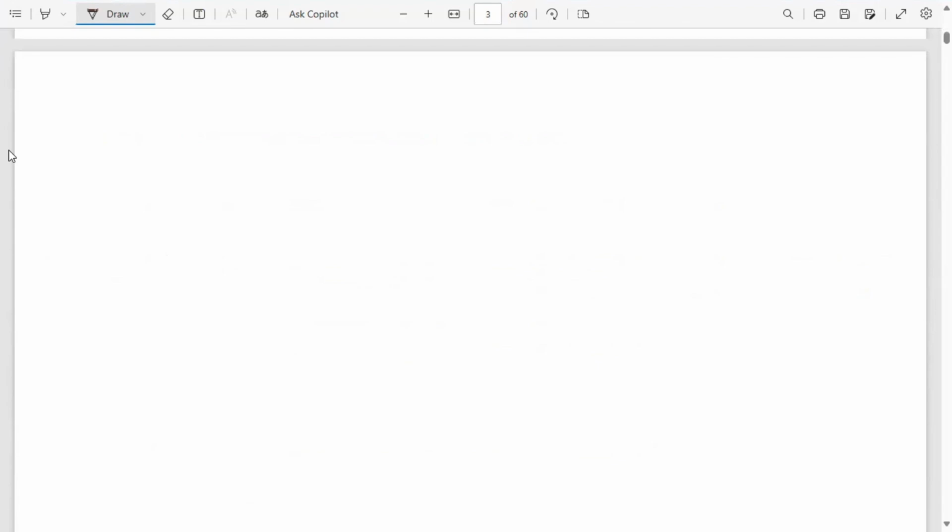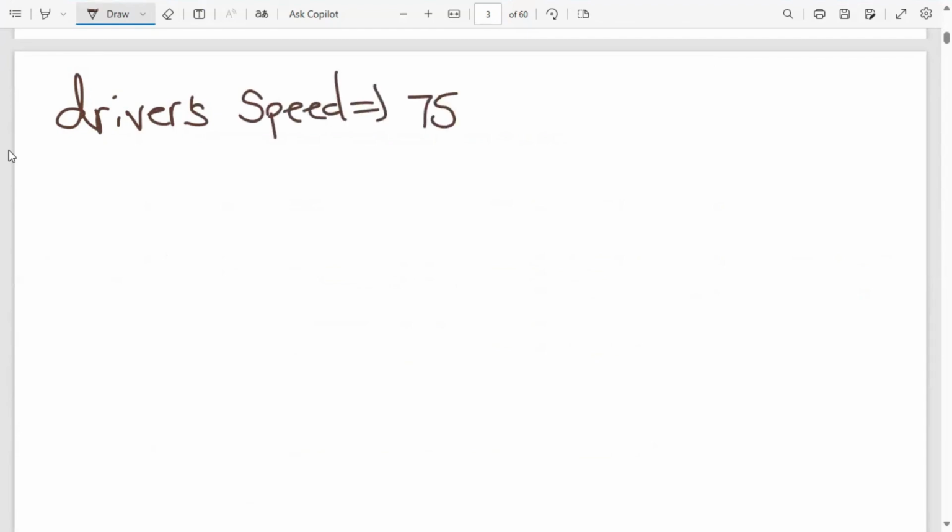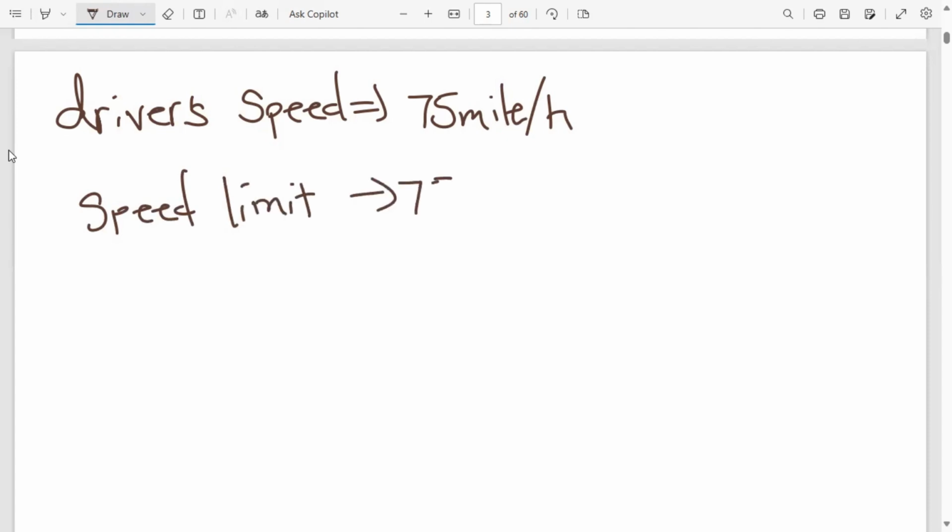So we have the speed limit, which is 75 miles per hour, and the driver's speed is 38 meters per second. Let's bring down the conversion.